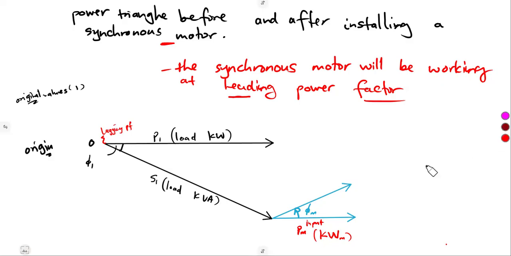This is the angle that we have since it is working with a leading power factor. So this part, what does it represent? Just like this one, our kVA, this is the kVA of the motor. So we're just going to write SM, the apparent power, which is the kVA of the motor. So analyze it, guys, mathematically, we can even see this distance here from this point to here.